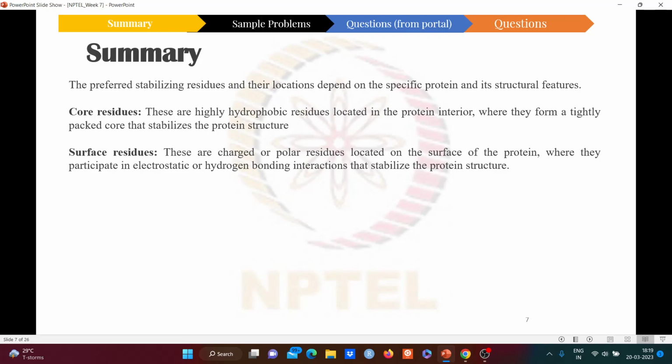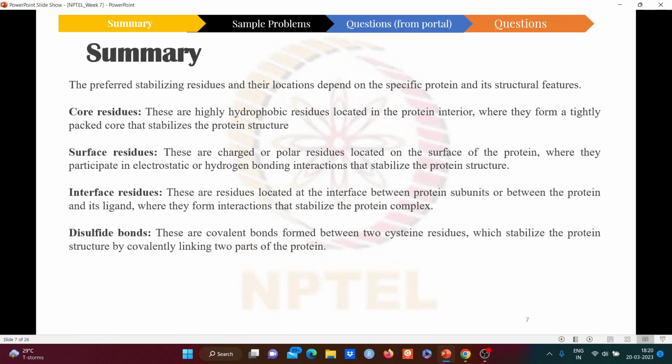So mostly surface residues are charged or polar, located on the surface of the protein, where they participate in electrostatic or hydrogen bonding interactions that stabilize the protein structure. Surface residues can be predicted using methods such as electrostatic potential analysis or conservation analysis of the surface residues.